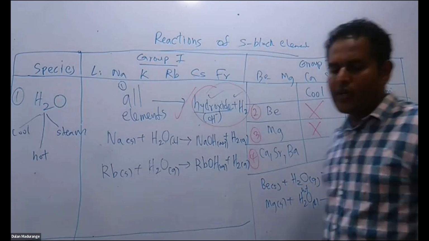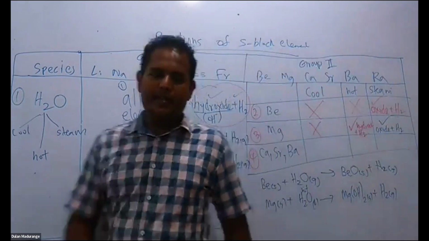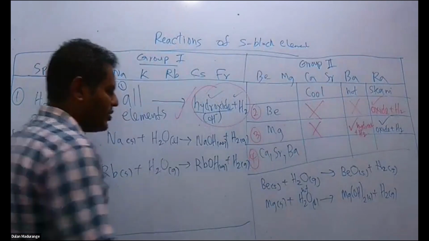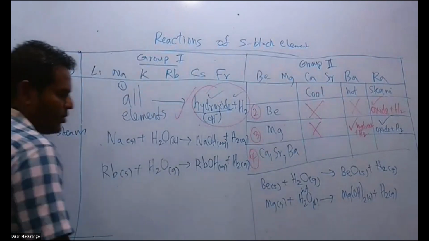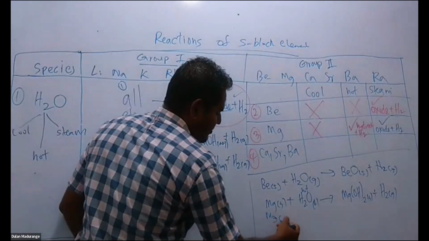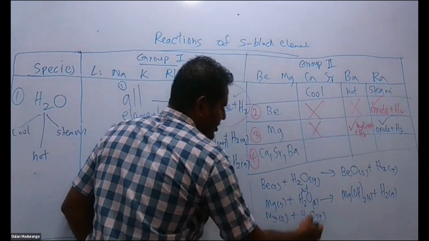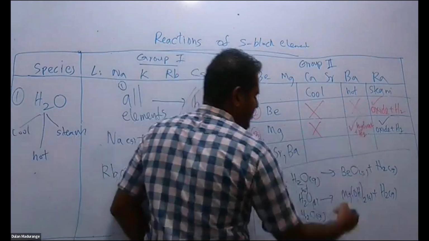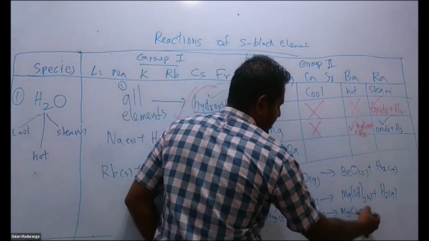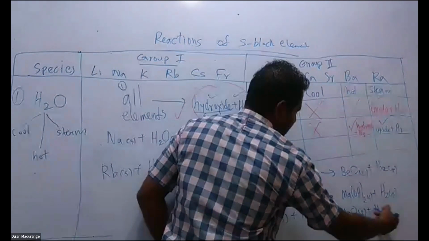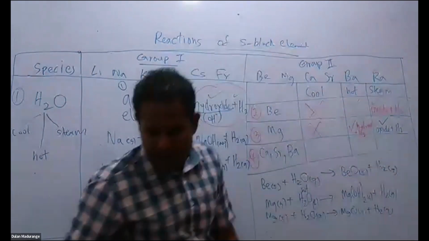Then magnesium with steam. When you consider the reaction of magnesium with steam, H2O gas, what does it form? It forms oxide plus H2. Magnesium oxide plus H2. Keep remember that.